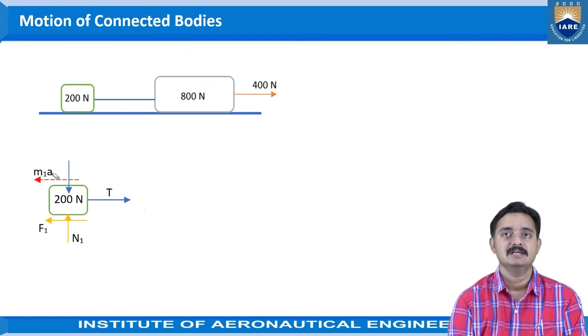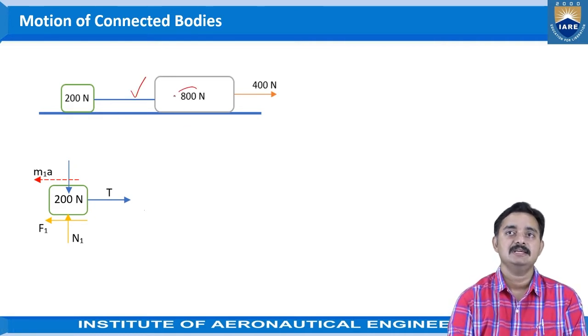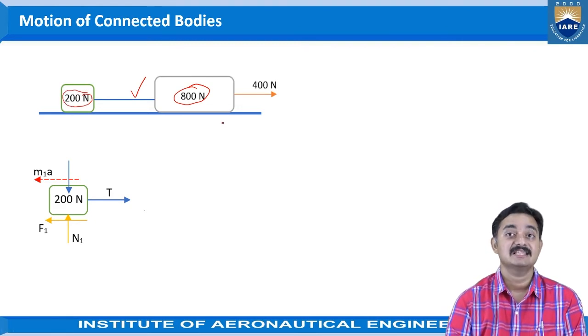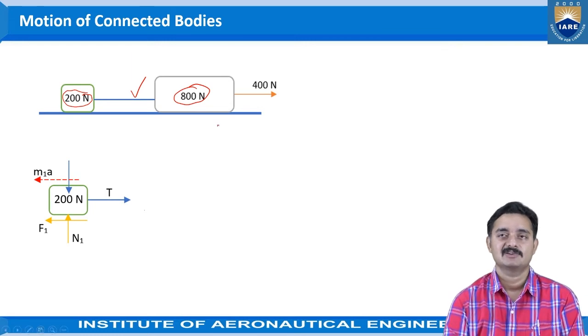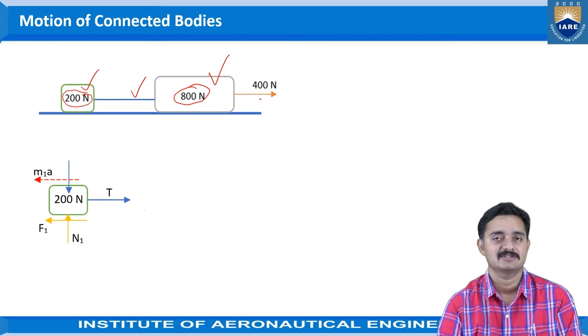Why? Because this is a connected body system, all the objects involved in the system will have the same acceleration. It's not like this object will have one acceleration and that object will have some other acceleration.